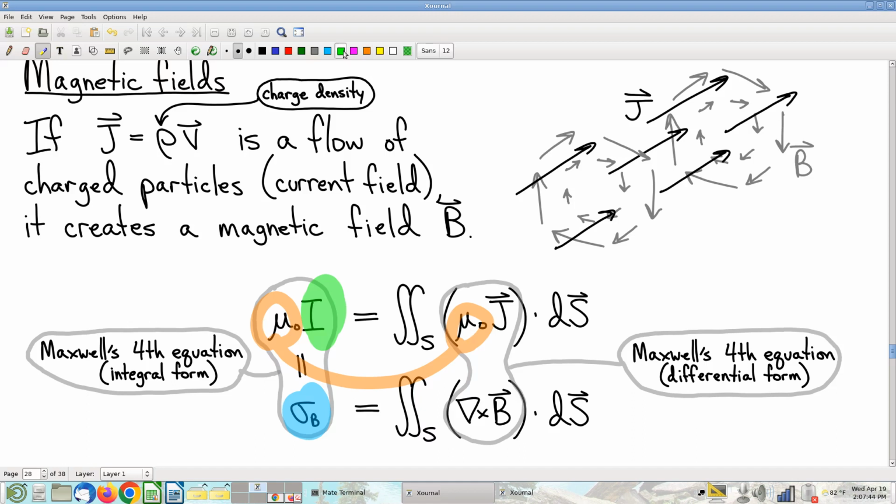But this thing right here, current, charged particles per unit time passing through a surface, that's flux of the current field. If you think about it, this is in fact the very definition of flux. Given that you have a vector field representing the flow of a fluid, vector surface integrals are made for the purpose of measuring how much of that fluid per unit time is passing through that surface. So this is just by definition in some sense.